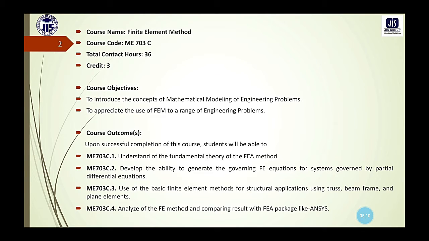We have the software package ANSYS in our college laboratory, so we will simulate different finite element method problems and compare those results with the real life values. So these were the course objectives and course outcomes of this subject, finite element method.